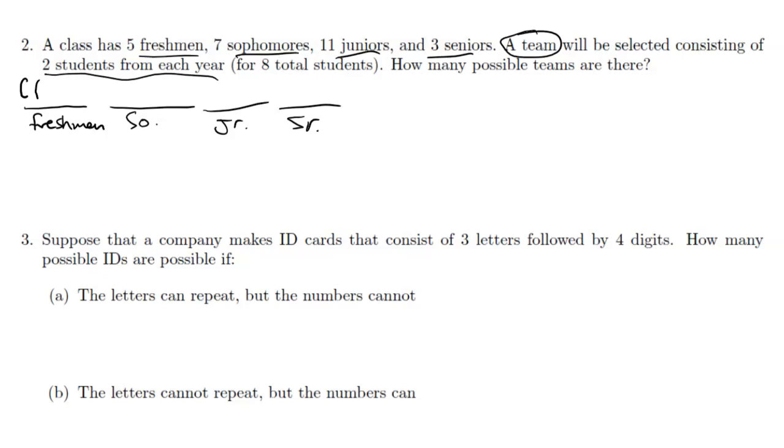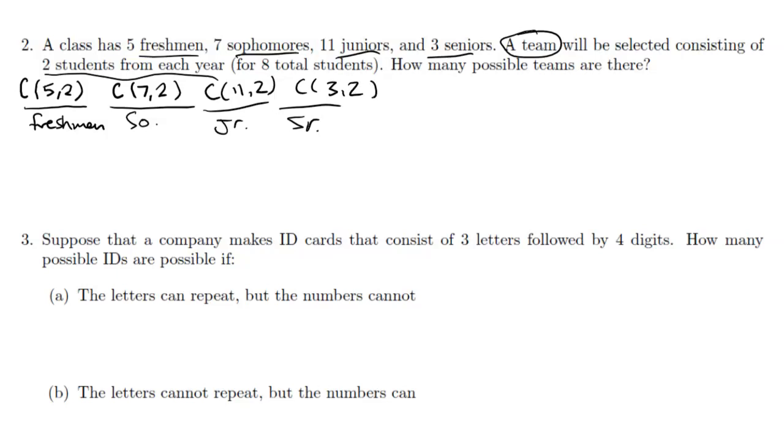From the total of 5 freshmen, I need to pick 2 of them. And then for sophomores, again, we're picking a group of sophomores, so we'll use a combination. From the total of 7 sophomores, I need 2. From the juniors, there's 11 to pick 2 from. And for the seniors, there's 3 to pick 2 from.